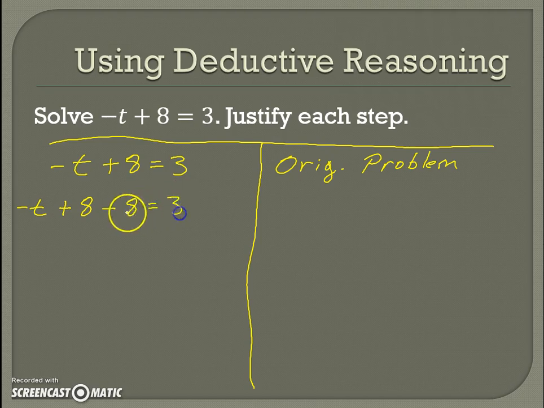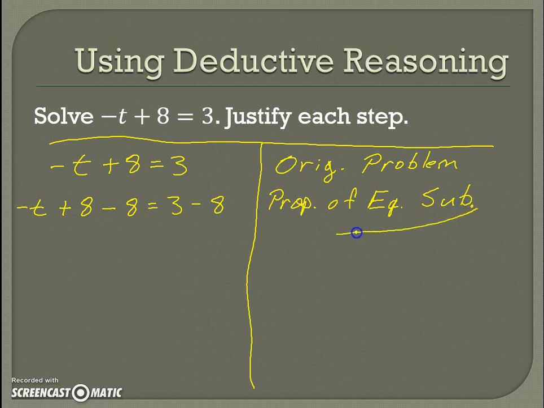And if I subtract 8 from this side, I have to also subtract 8 from that side. So this is a property of equality, and it's the subtraction version. So really it's the subtraction property of equality. I should have written that at the beginning, but oh well, you get the idea.